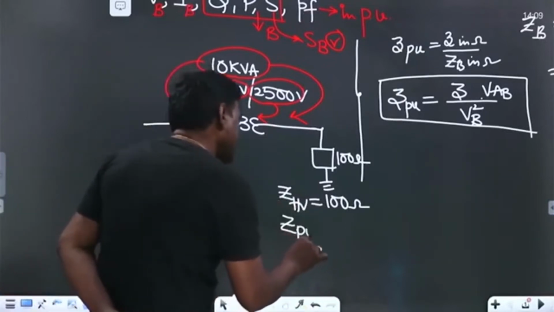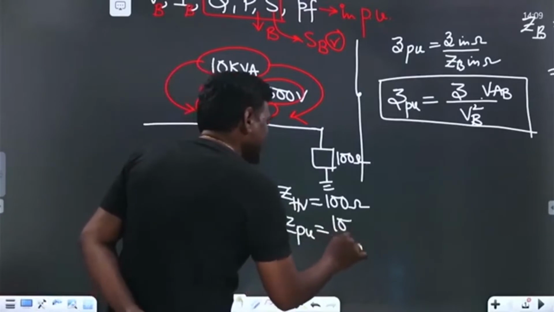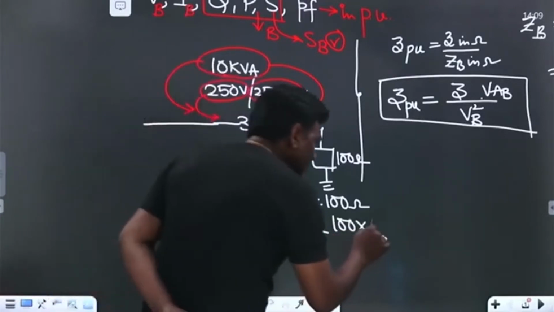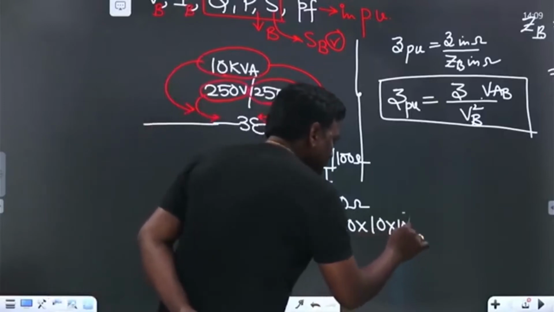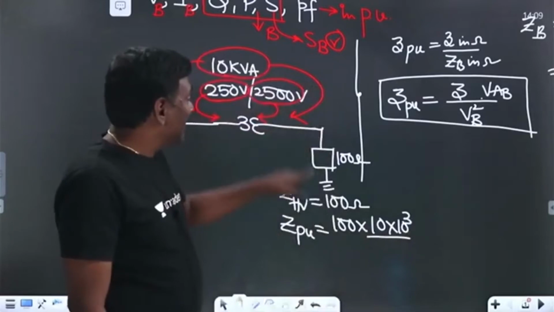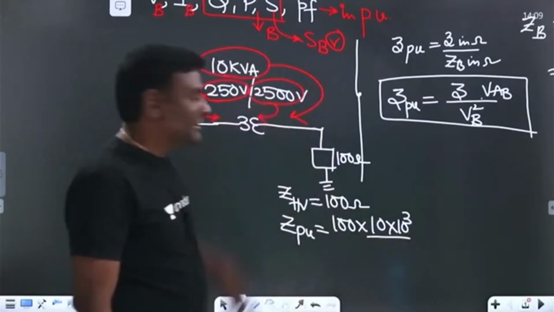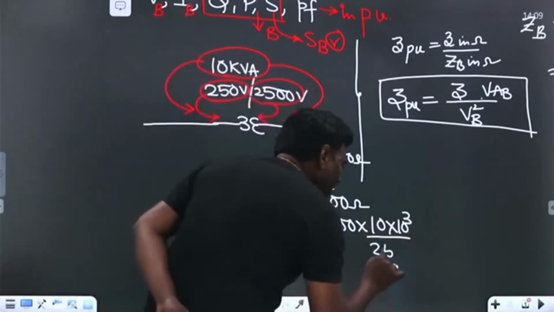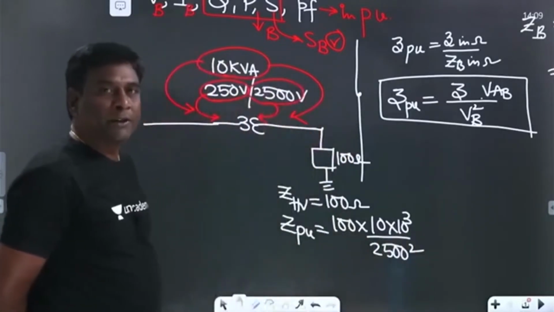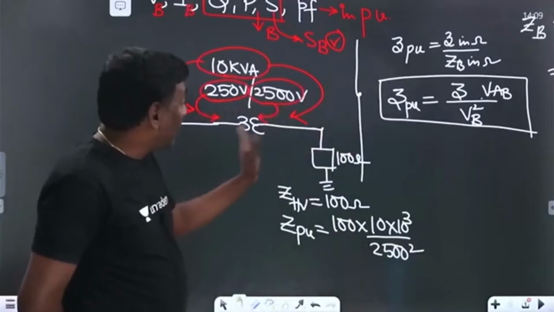Z per unit equal to Z into VA base. VA base for both sides, the same has to be taken, so VA base divided by V base square. As this is connected on HV side, HV side voltage has to be used, so this is going to be 2500 square. That is going to be Z per unit of this particular load impedance on HV side.